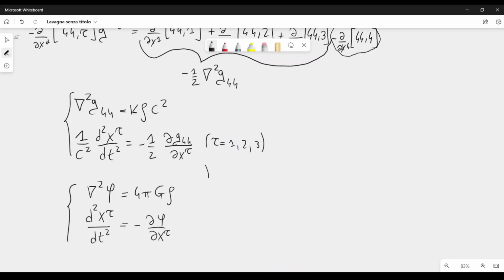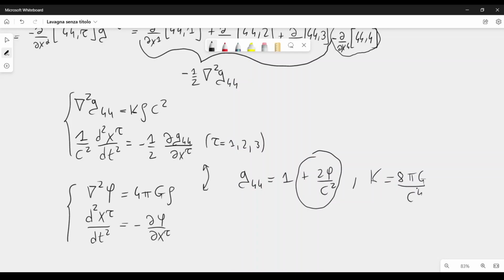If we compare these two pairs of equations, if we choose g44 approximately equal to 1 plus 2 phi over c squared, so this one here represents a small correction to the metric tensor, to the 4 component of the metric tensor, and we also consider k equal to 8 pi G over c to the fourth.